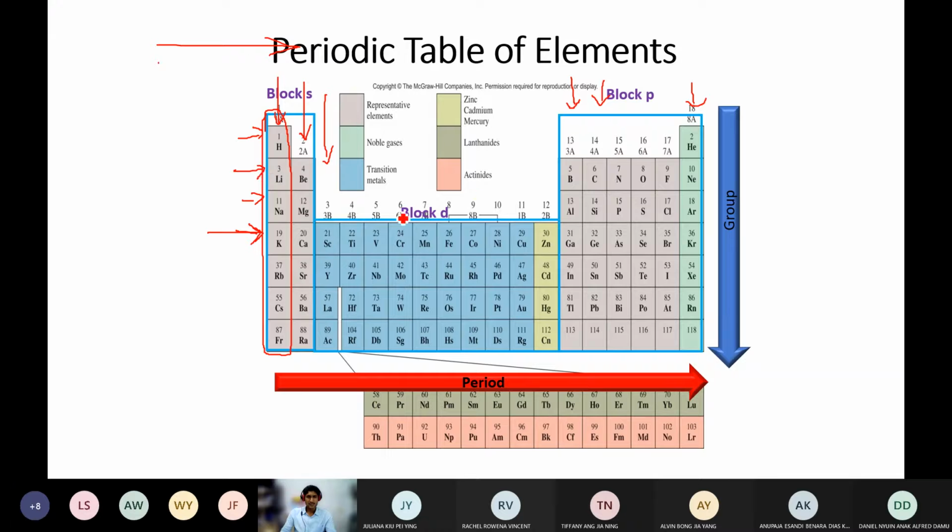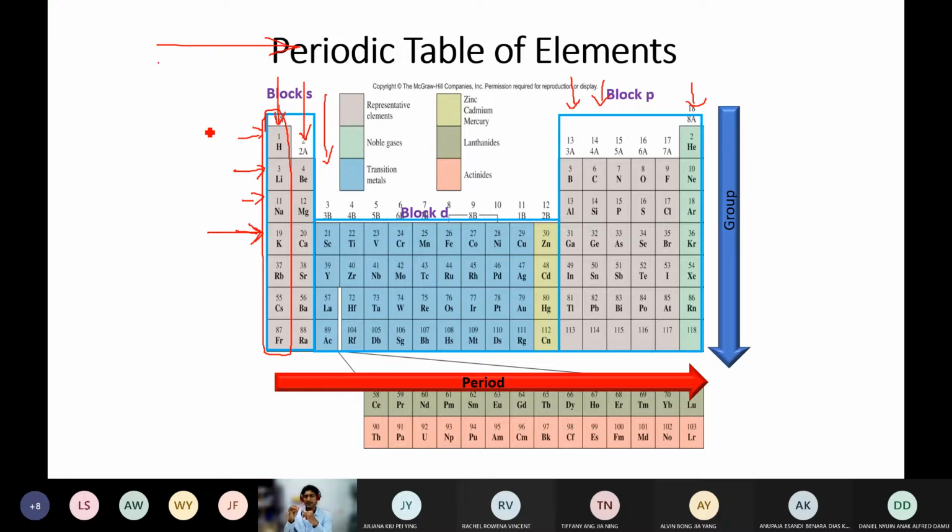So this is the difference between them. But if we want to categorize them to find them faster and easier, we can divide them into 3 different blocks. There are many more, I'll show you in a bit, but usually S, P, and D block.